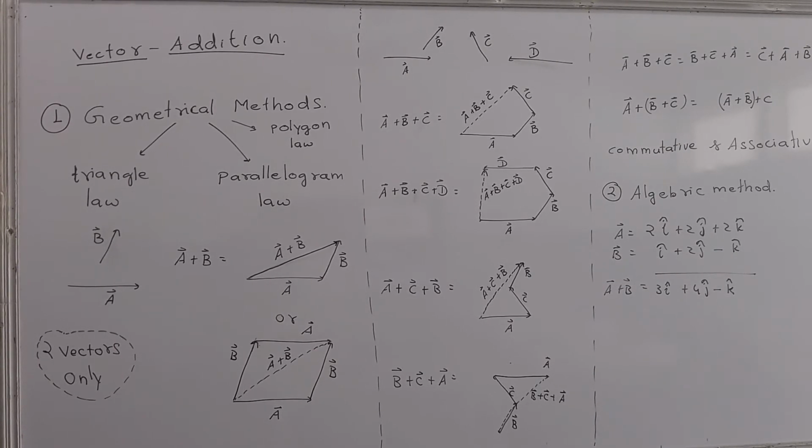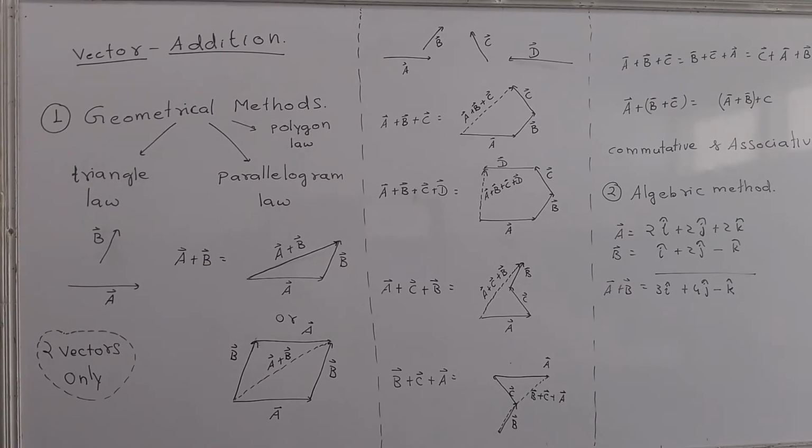Triangle law of vector addition. Now you know why this law is known as triangle law, because when you end up doing everything, what you get is a triangle.